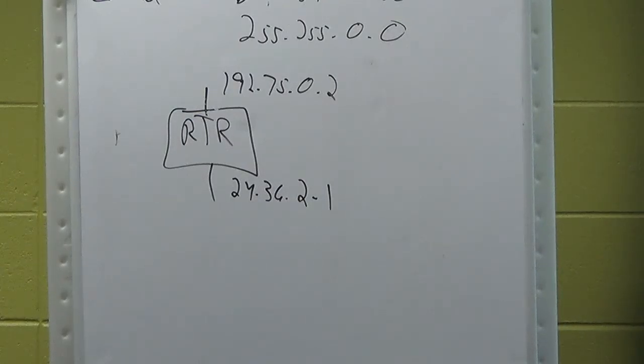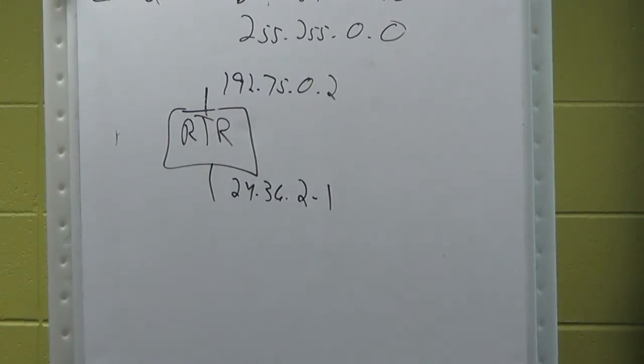No, that's the network address. That's not the gateway address. The gateway address is always the router. If you look up at my little chart, what's the router that's in Chicago? 192.75.0.2 is the router. So now what's the problem?